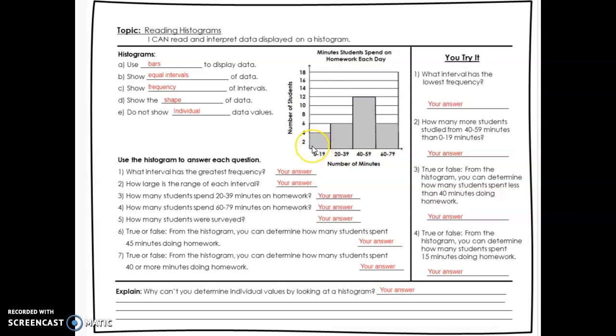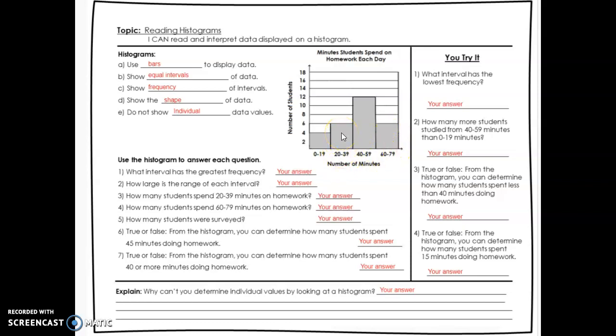So this could be 0, 0, 0, 0, or it could be 0, 1, 14, 9, or it could be 19, 19, 19, 19. We don't know the individual data points. We just know that 4 of them are between 0 and 19. 6 of them are between 20 and 39. 12 of them are between 40 and 59. 6 of them between 60 and 79.